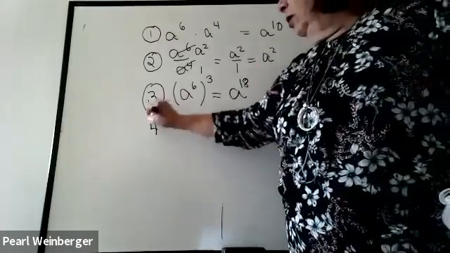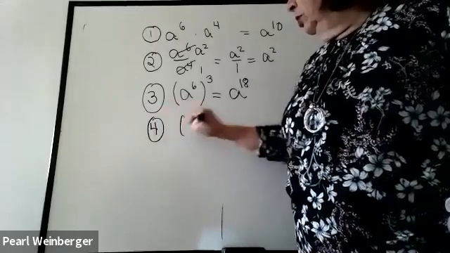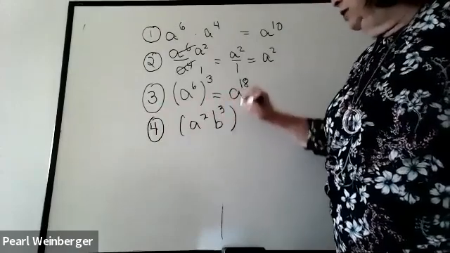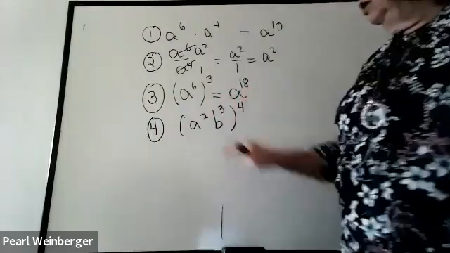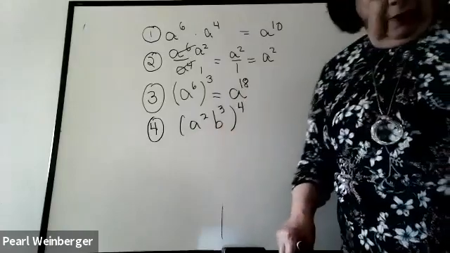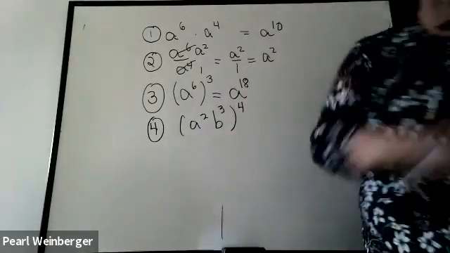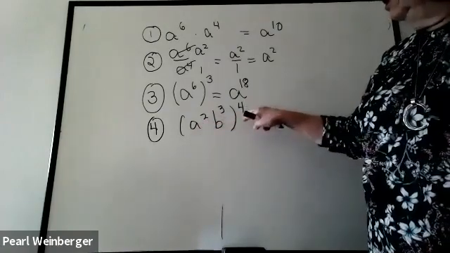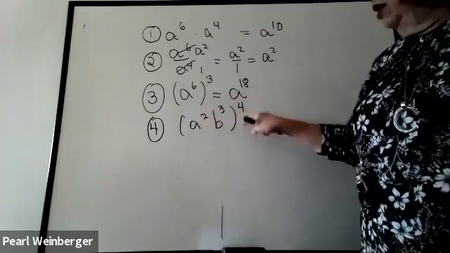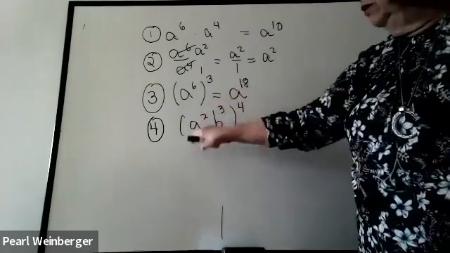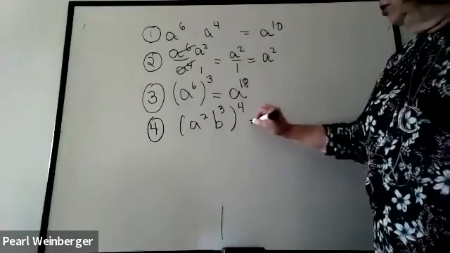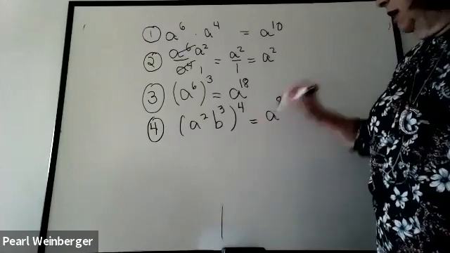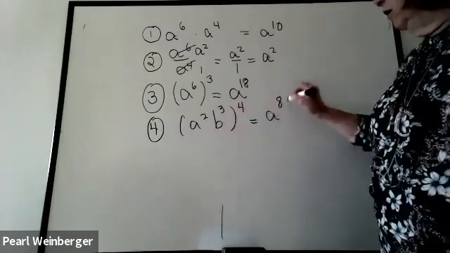If you have two letters, let's say you have a squared b cubed, that's raised to, let's say, the fourth power, where you have more than one variable or a number and a variable, you have to distribute the exponent to each of those factors. So you'll do the a squared to the fourth, which will give you a to the 8th, and the b cubed to the fourth, which will give you b to the 12th.